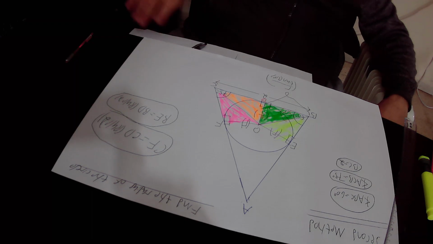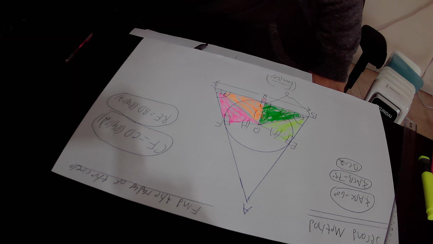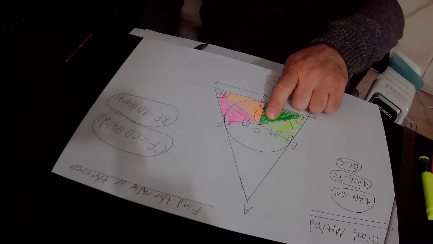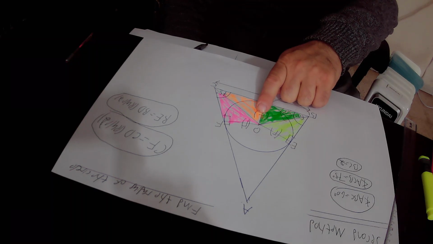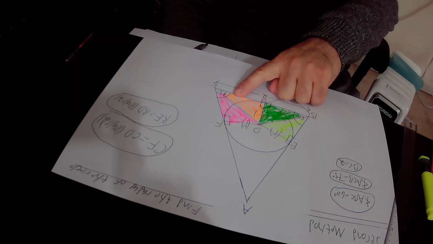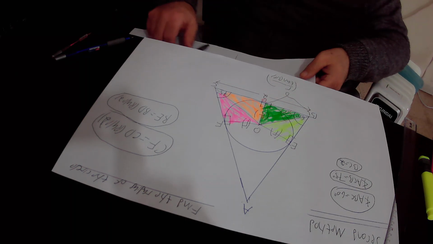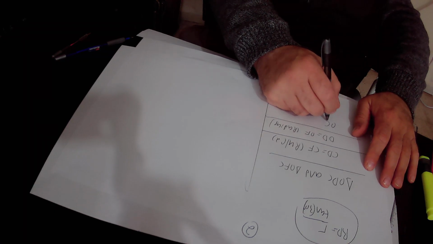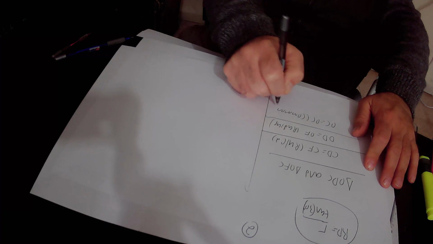And finally, OC is a common side that belongs to both triangles, so we can write down that OC equals itself as a common side that belongs to both triangles.